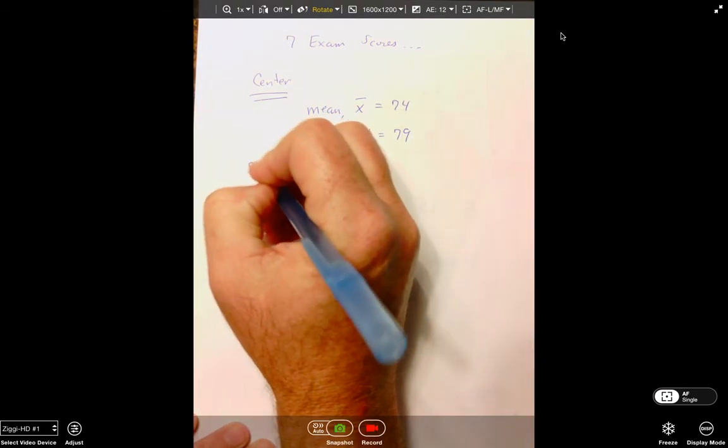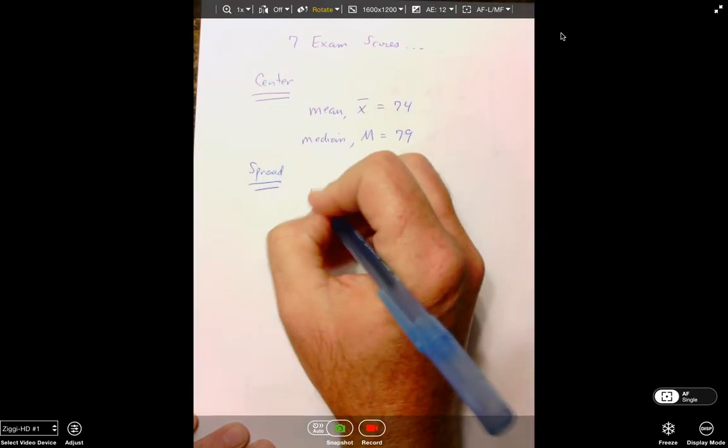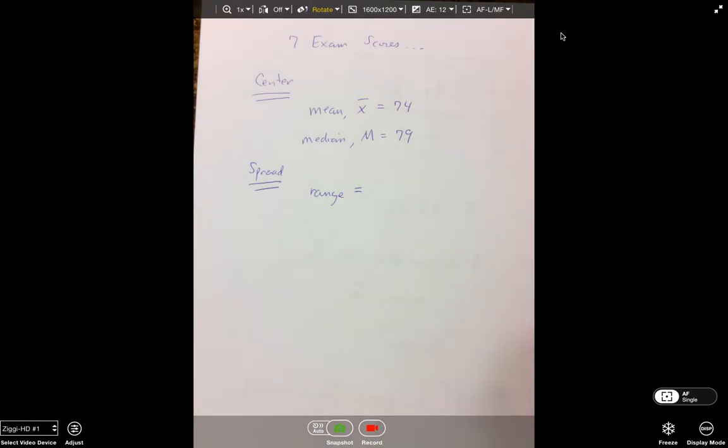We got into measures of spread, and we saw that the range was equal to, guys, I've lost all my notes here. I need to keep better. 45.